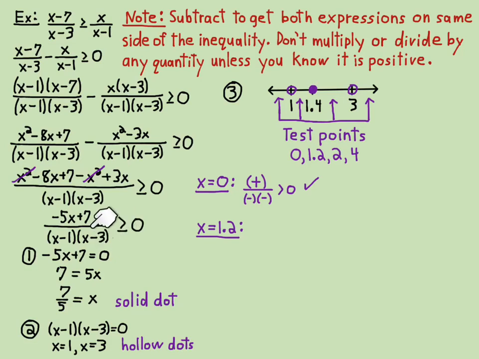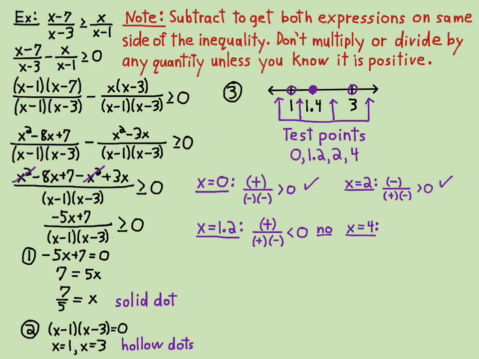So 1.2, that's positive over positive times negative, so that's negative. And I wanted positive, right? The equals is the endpoint here, so they have to be positive for it to work. So that's no. Then I tried x is 2, negative over positive, that's yes.